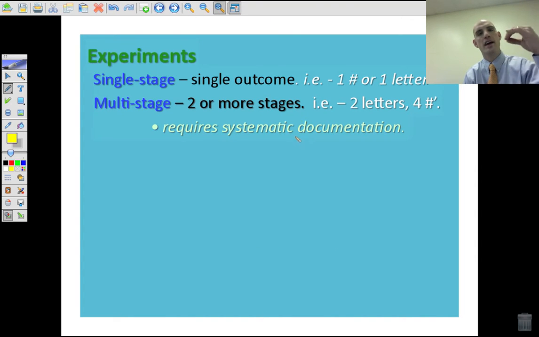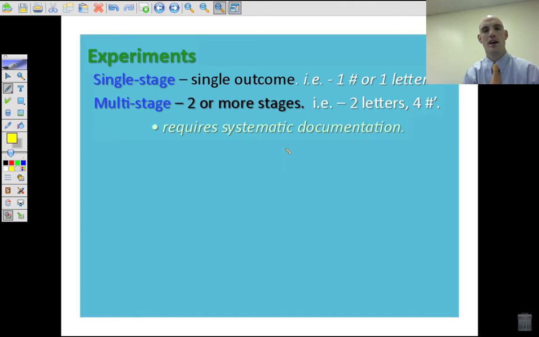Now, experiments can come in two types. A single stage, where you pick one thing from a group, or a multi-stage where you have 2 or more stages. For example, you might say, I do this, then I do this. Or pick a letter and then pick another letter. Okay?